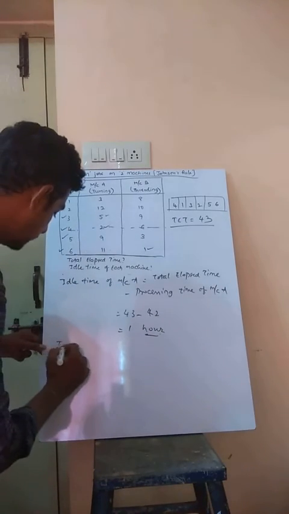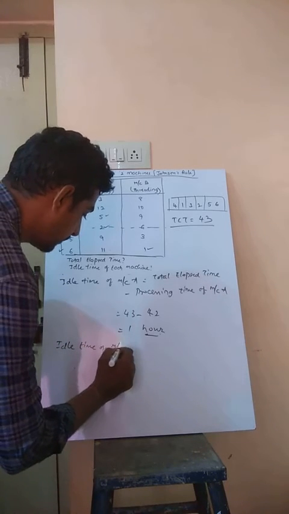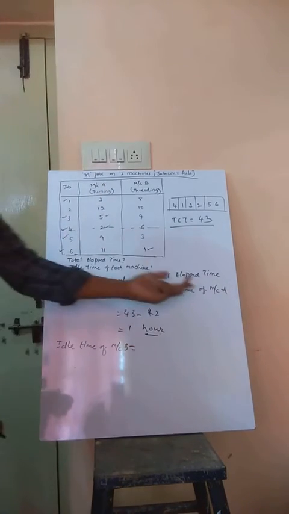And for the idle time of machine B, apply the same formula.